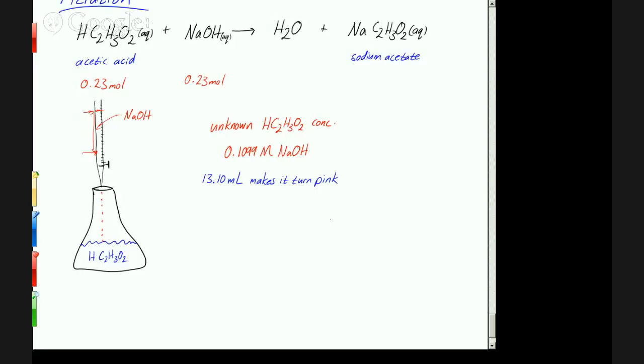That means that if we've got 0.1099 moles per liter, and we put in 0.0131 liters, which is 13.1 milliliters, calculate that out a second. 0.1099.